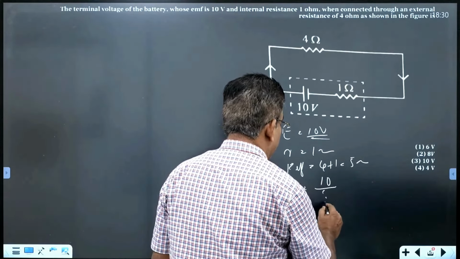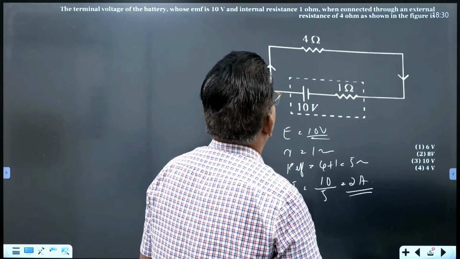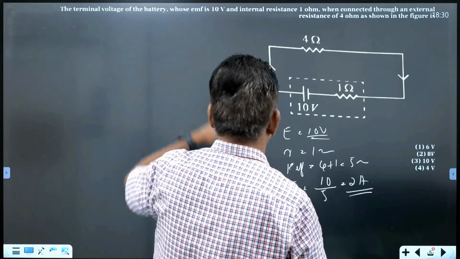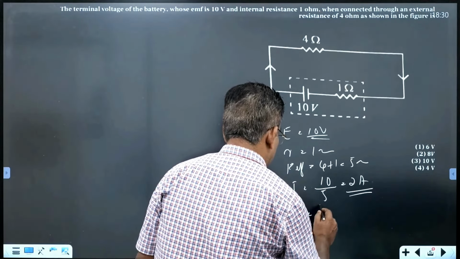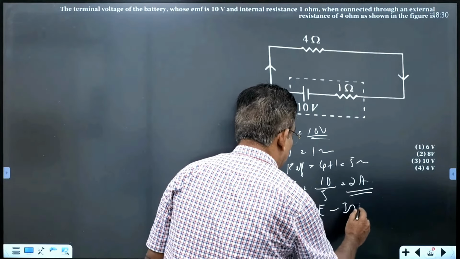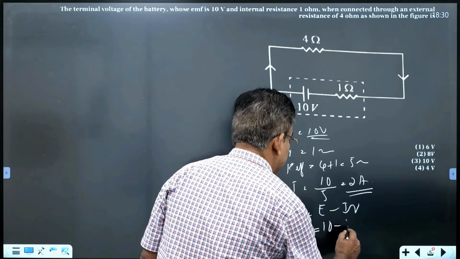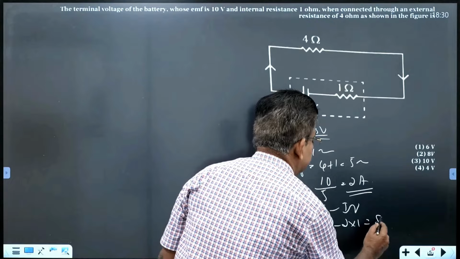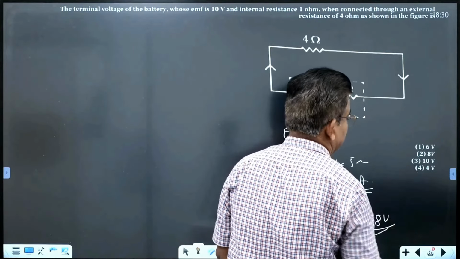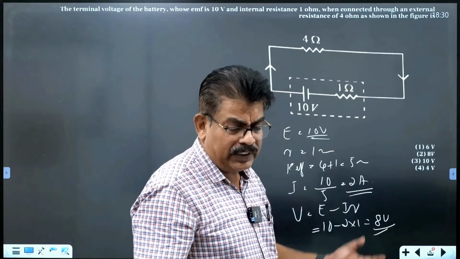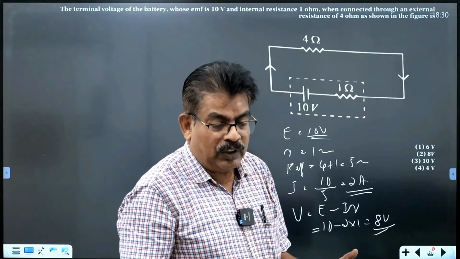And what is the question asked? When connected, you have to calculate the terminal voltage. V is equal to E minus I into R, 10 minus 2 into 1, that is 8 volt. So answer is very simple, 2. A very direct question without confusing anybody, everything given very clearly.